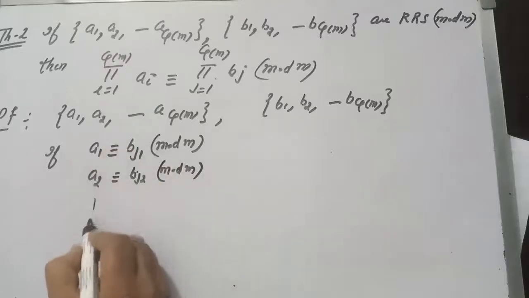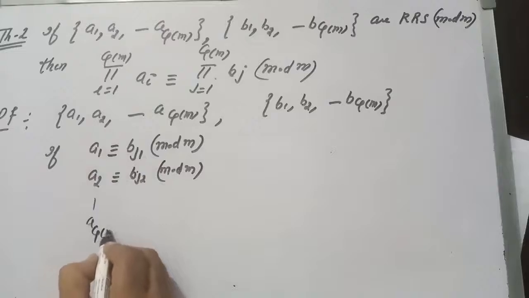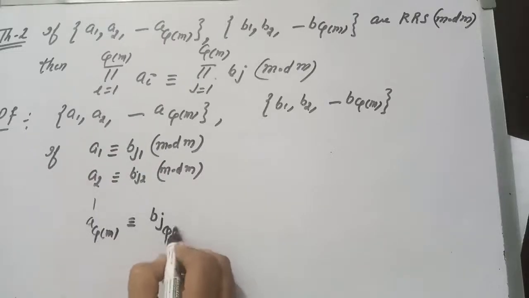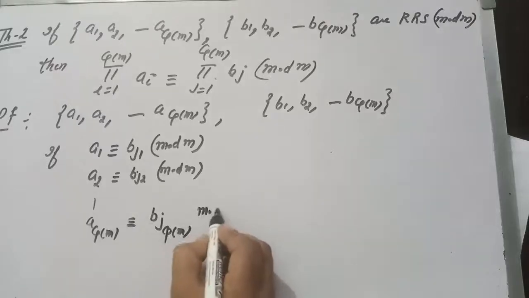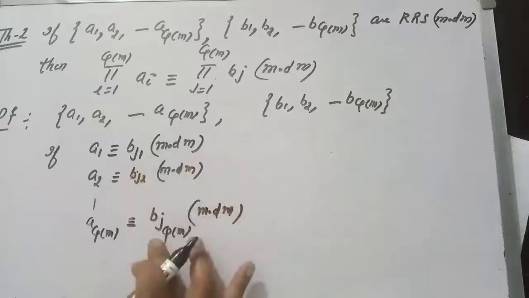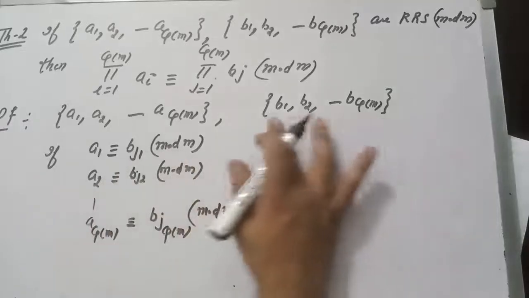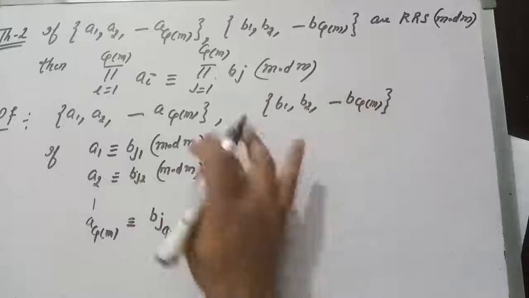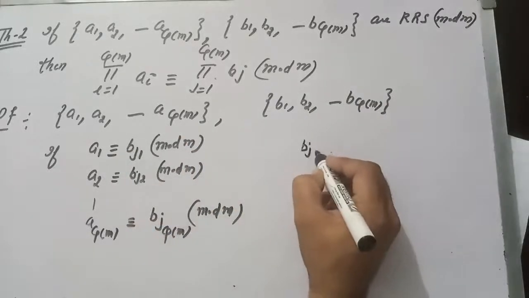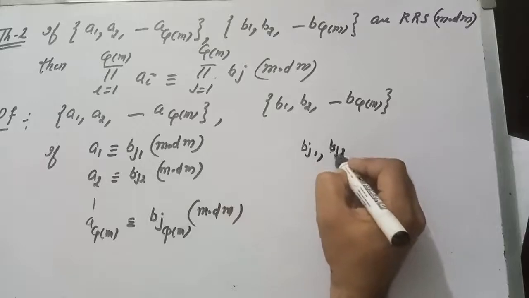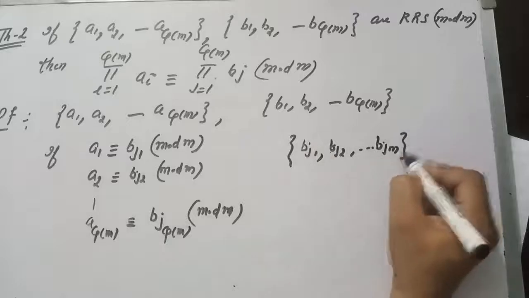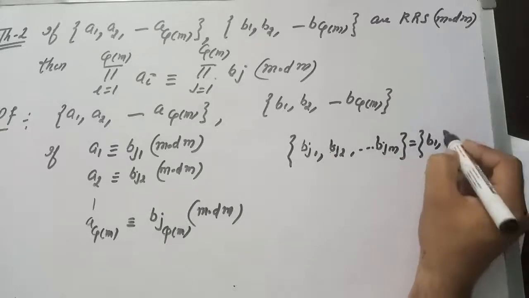Similarly, continuing like this, A phi M is congruent to Bj phi M modulo M. Notice that Bj1, Bj2, ..., Bj phi M are nothing but B1, B2, ..., B phi M in some other order.